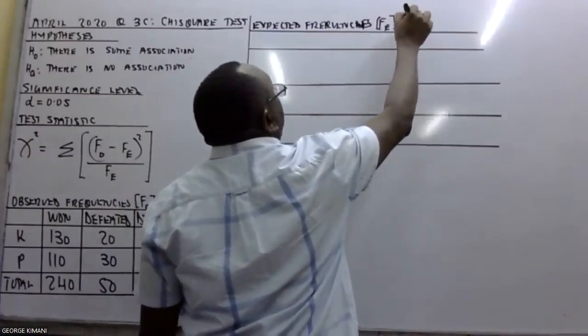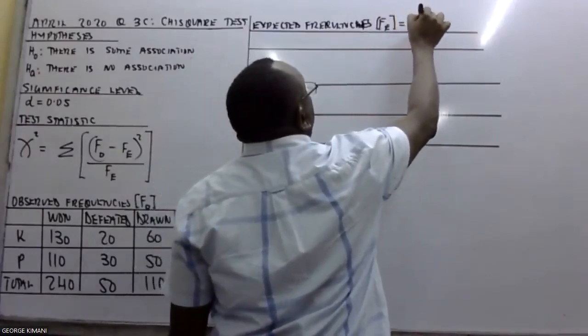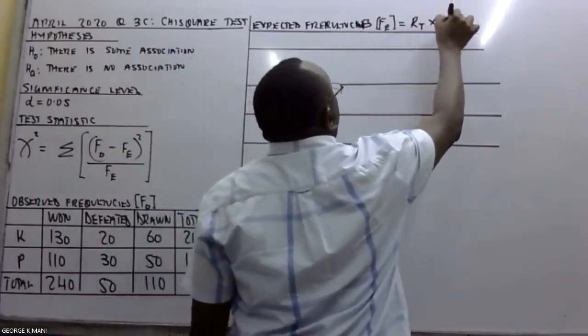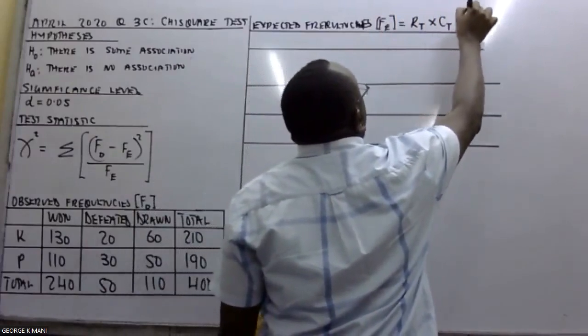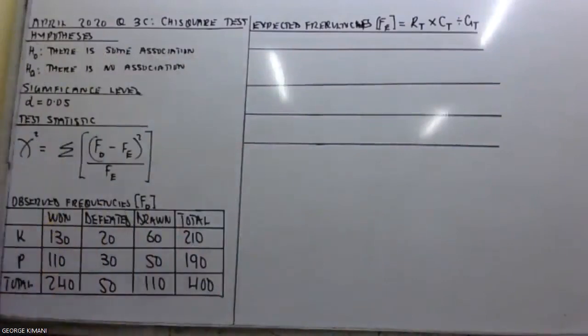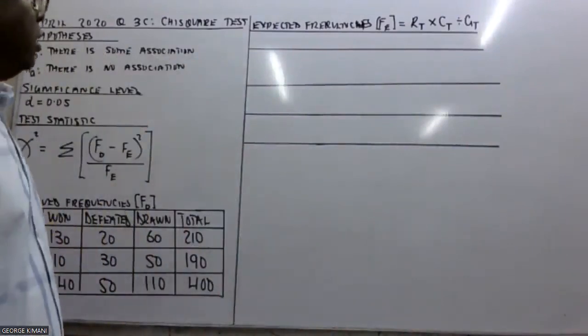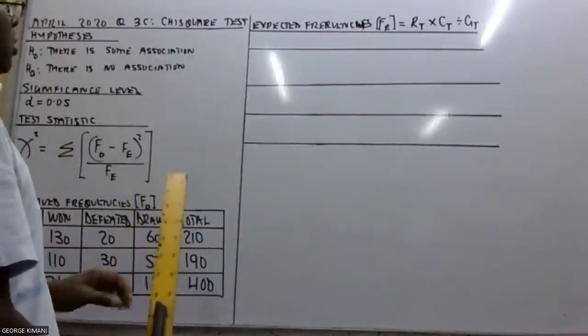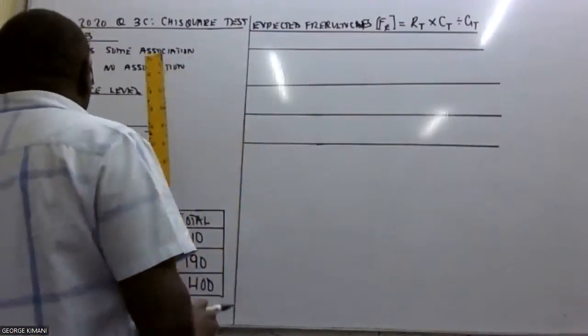And this one is given as row total multiplied by column total, you divide by grand total. Row total multiplied by column total, you divide by grand total.